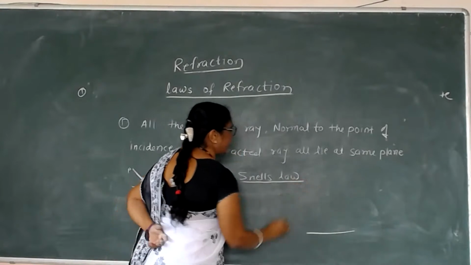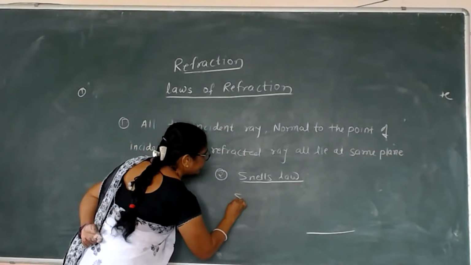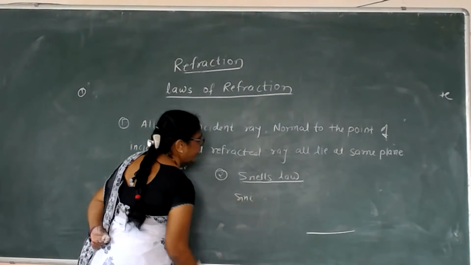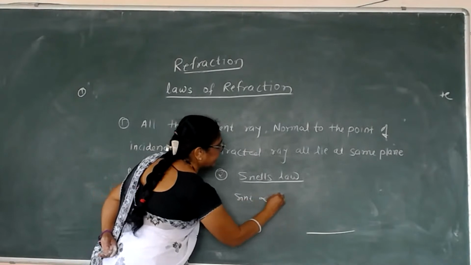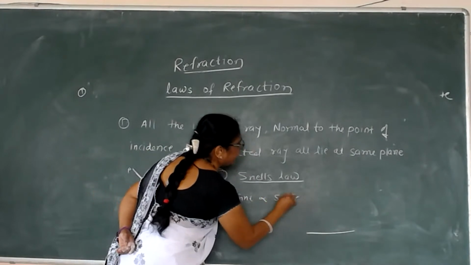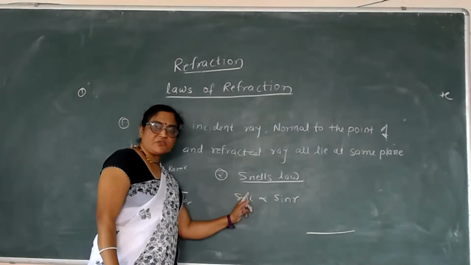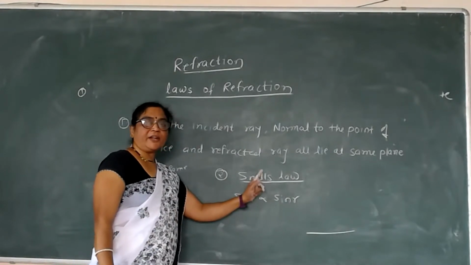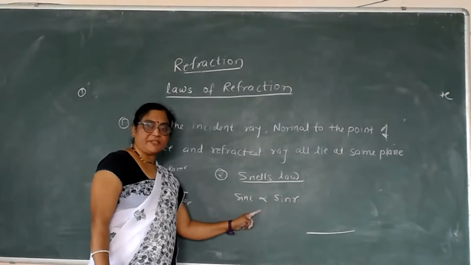According to Snell's law, the sine of an incident angle is directly proportional to the sine of a refracted angle. According to this second law, known as Snell's law, the angle of refraction depends upon the angle of incidence.